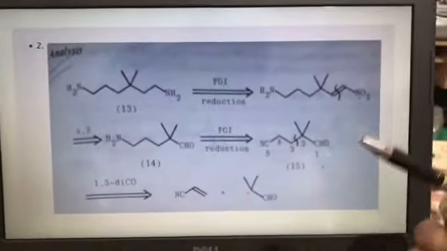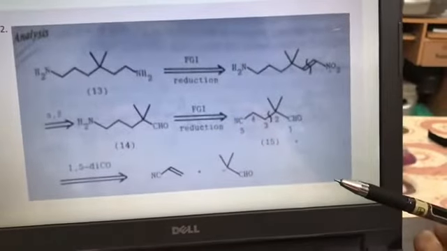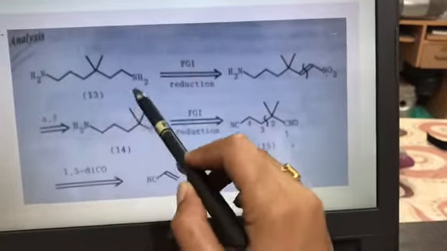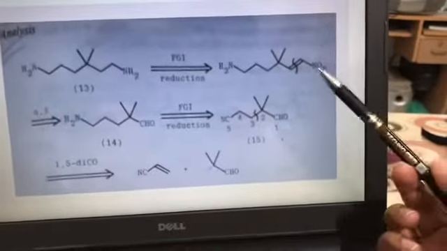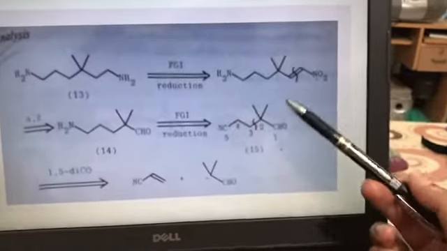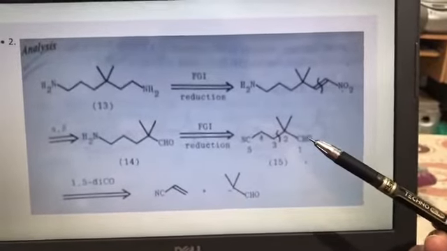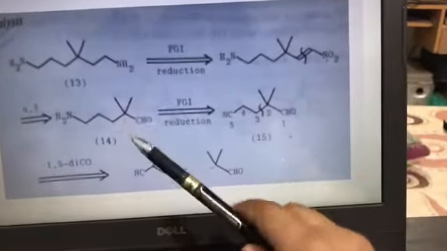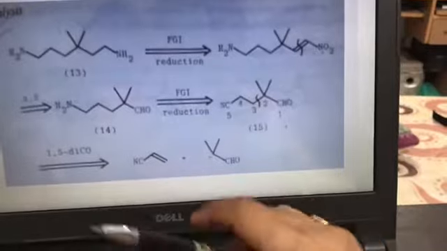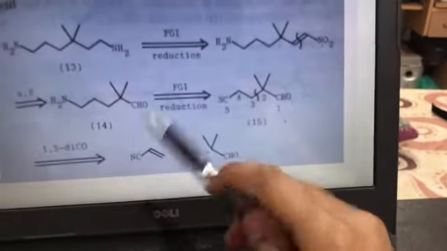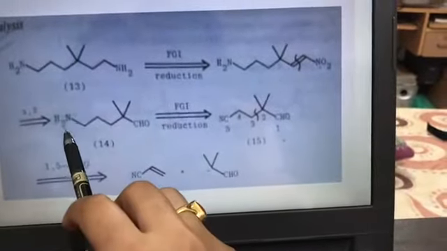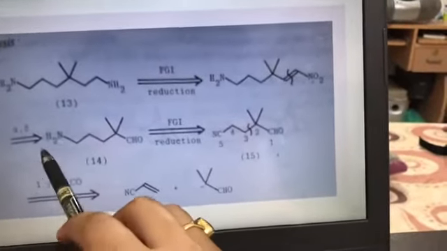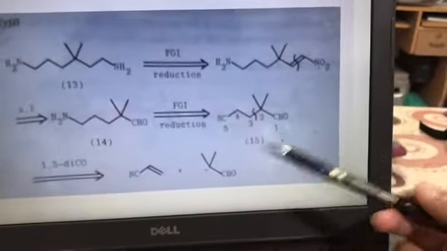The next example is a diamine, and we use FGI on the shorter chain here, and upon FGI we get a nitro compound and a double bond, and we can disconnect it here to get a ketone group, or in this case an aldehyde group. Now we can use FGI here to get a nitro compound or a cyanide compound. We use cyanide here, which is much easier.